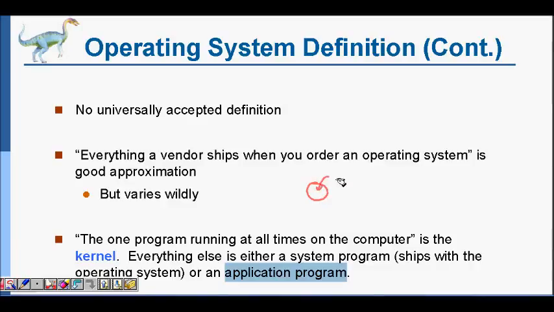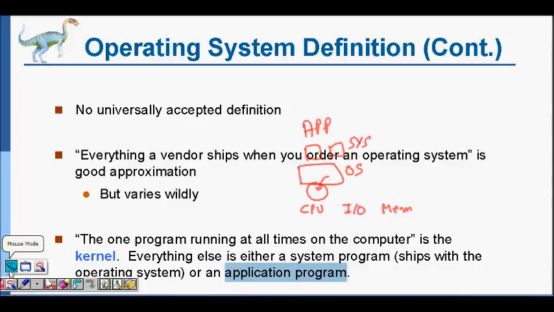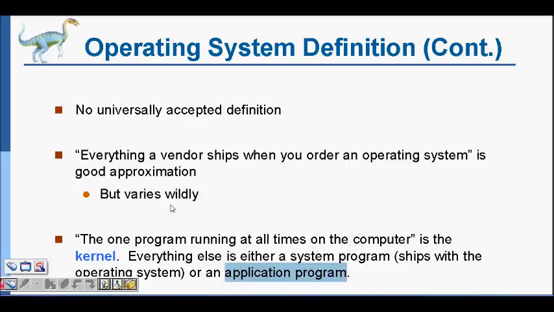It is the most basic program that handles the CPU, input output devices, and memory. This core kernel code is always running. Above that is the operating system code, then the system programs, then the application layer programs. So the kernel program is the basic program that runs.